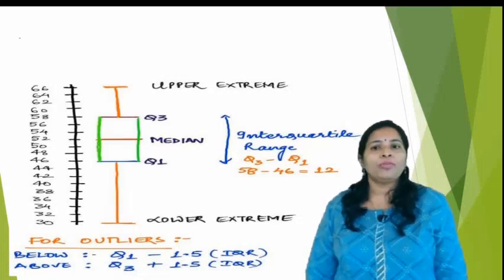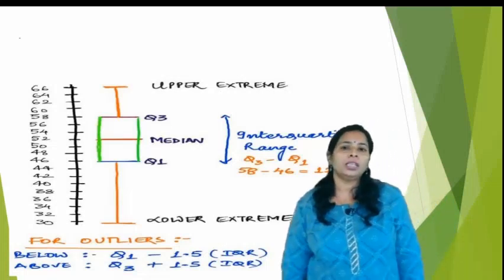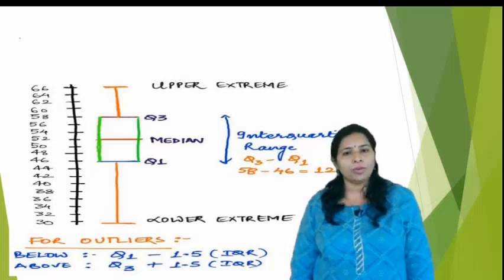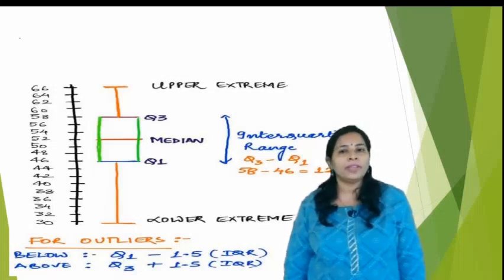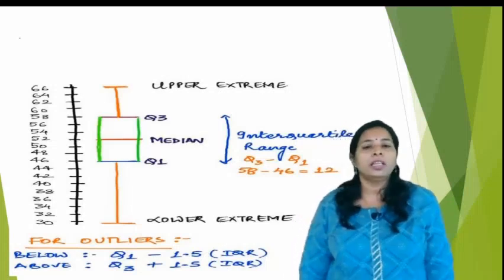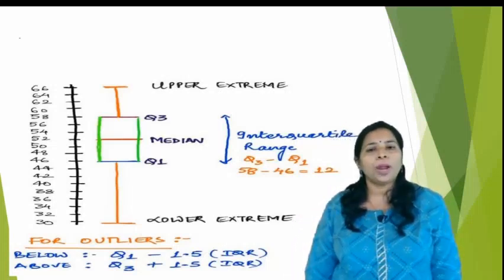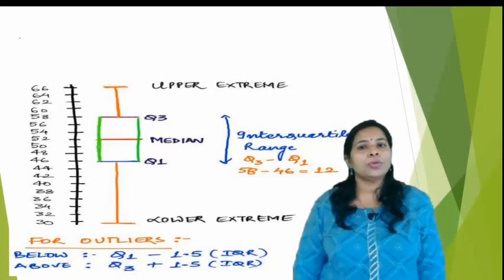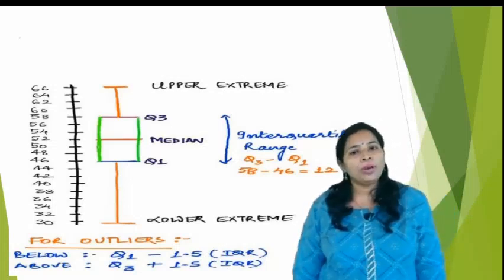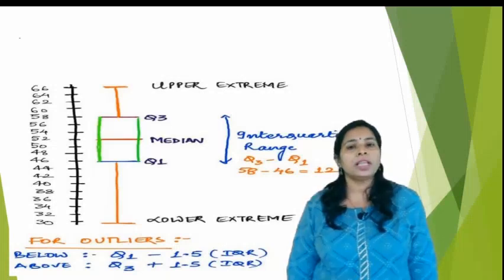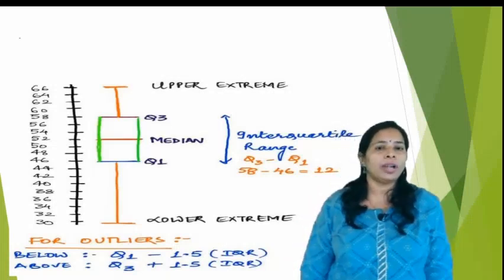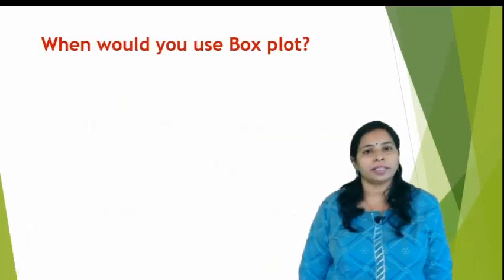The formula for the lower fencing is Q1 minus 1.5 IQR, and for the upper fencing it is Q3 plus 1.5 IQR. The values in the distribution that lie below the lower fencing or above the upper fencing are the outliers in the data set.